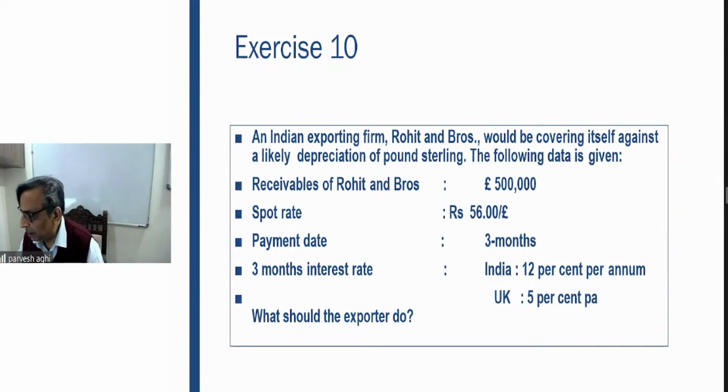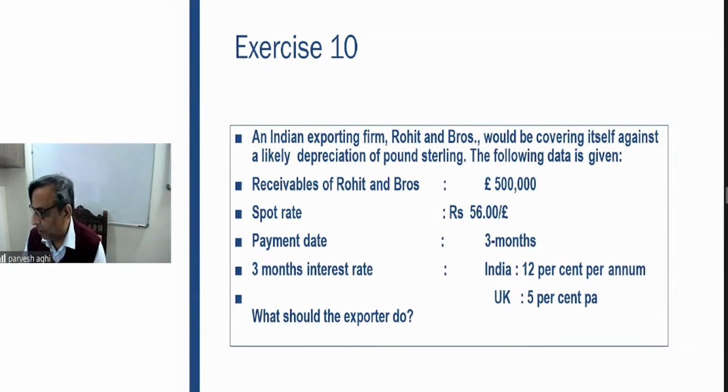Yeah, exactly the same. Namrata, you're right. It will appreciate by 7% annually. So for 3 months it will be 7% divided by 4, so it will be 1.75%. Remember that approximately 1.75% will be the appreciation in pounds as per what is given.